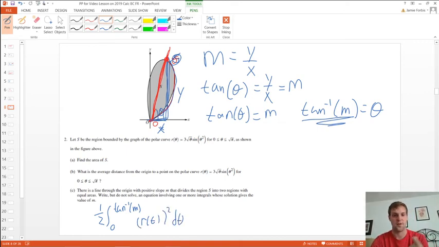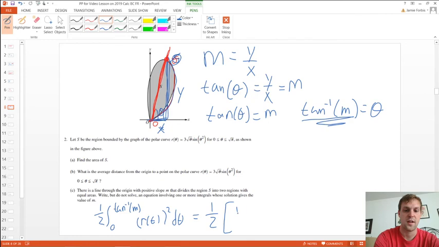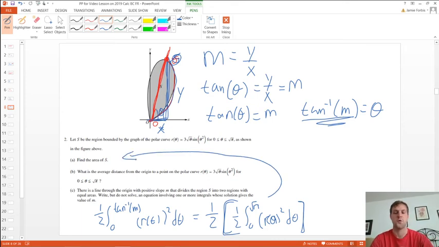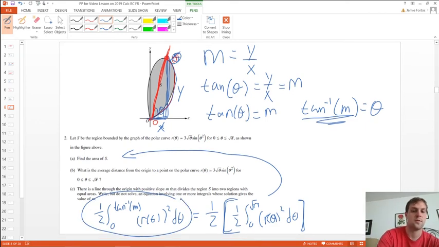I know that that's half the area of S. So that's going to be equal to half the area of the entire thing of S, which is 0 to square root of pi of r of theta squared d theta. In this little bracket here, we found this answer in part A. So if you would have put the answer in part A and halved it, that would have been fine as well. This is the big part we had to come up with. And all you had to do was set that equal to half the area from A. That whole equation is the answer. Just solving for that m value, that was tough.